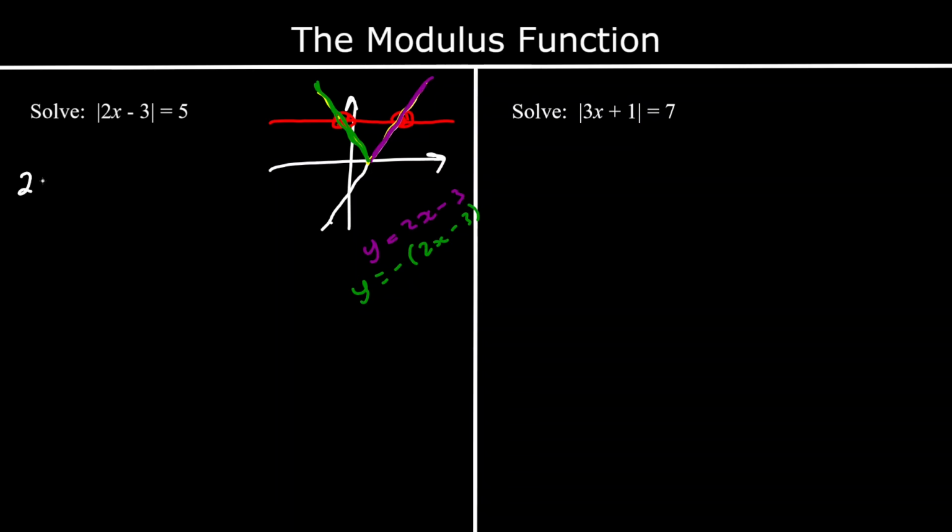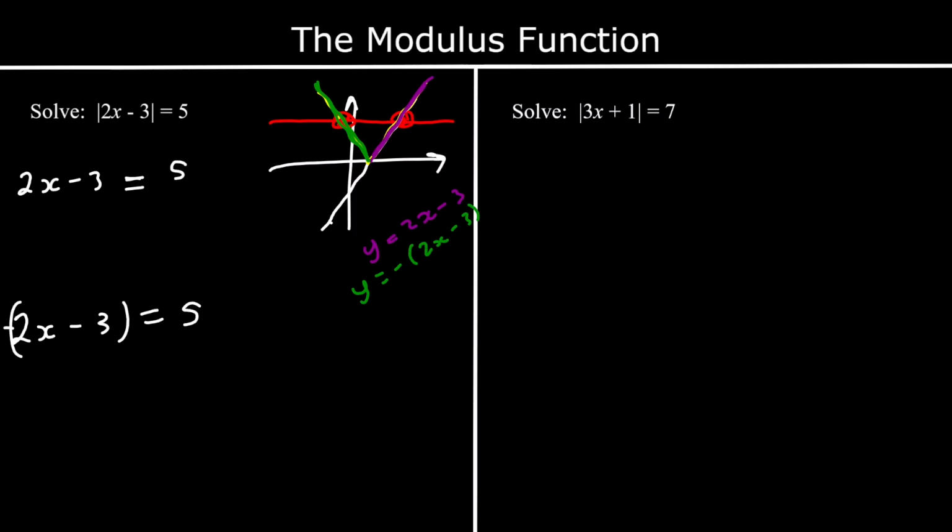So we're going to solve 2x minus 3 equals 5, and we're going to solve negative 2x minus 3 equals 5. So the positive version of it equals 5, and the negative version of it equals 5. There's two ways of getting the 5.